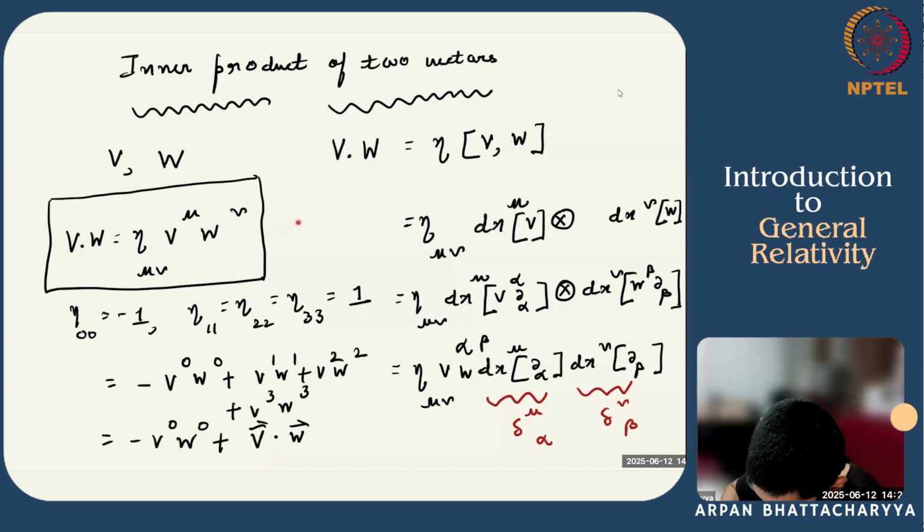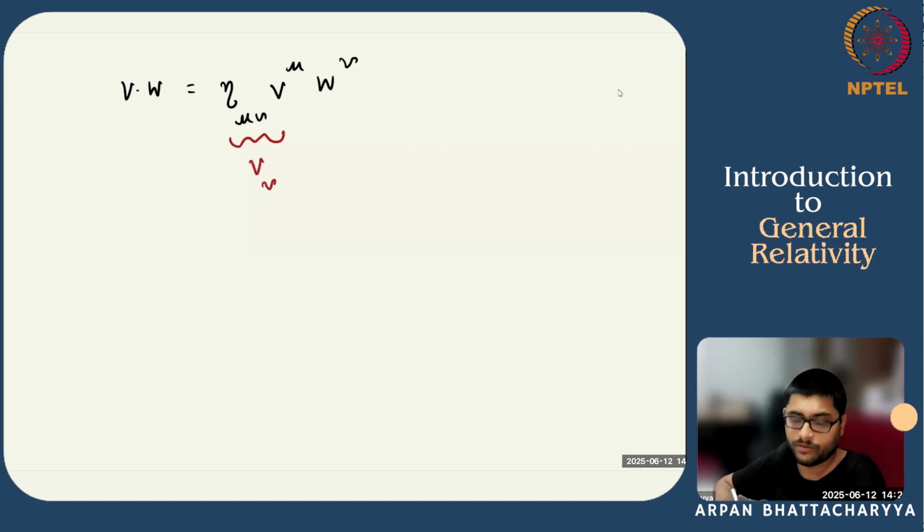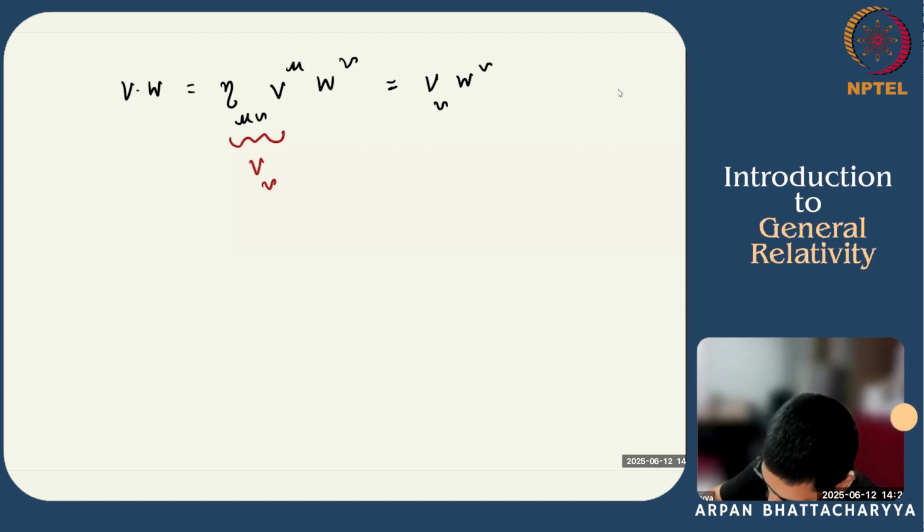Also, using this index lowering technique, we can rewrite this in the following way: v dot w is η_μν v^μ w^ν. But if you look at it, this is nothing but v_ν by this index lowering technique. So you can write it as v_μ w^μ. Now this makes sense because at the end of the day, this should form a scalar.